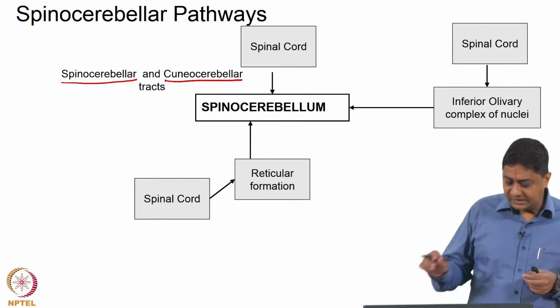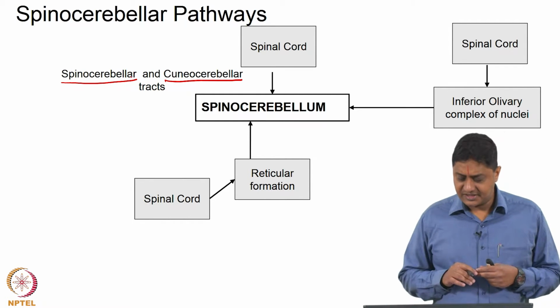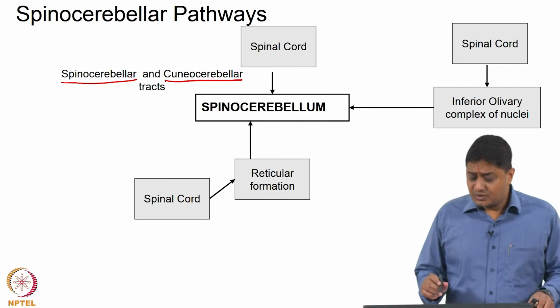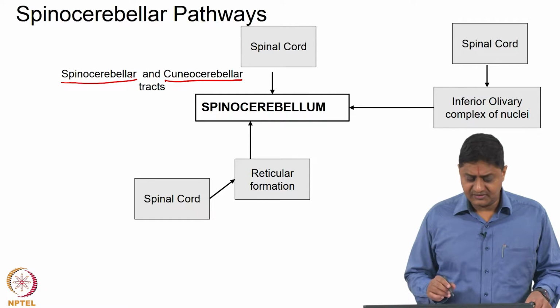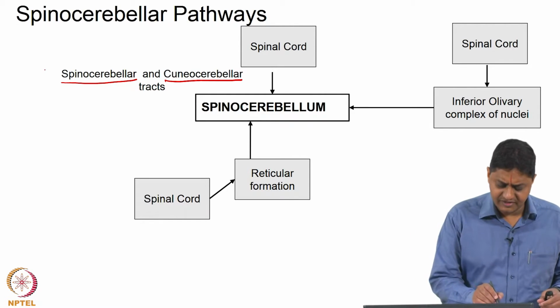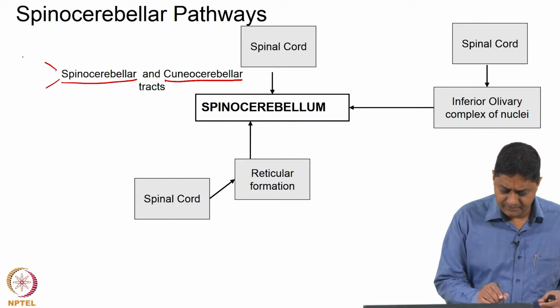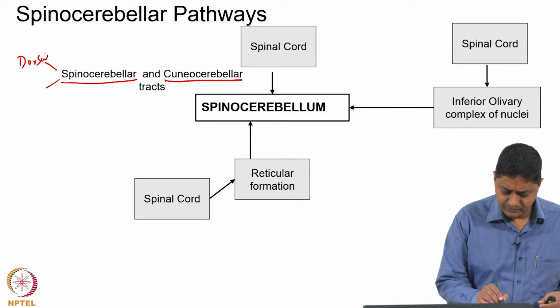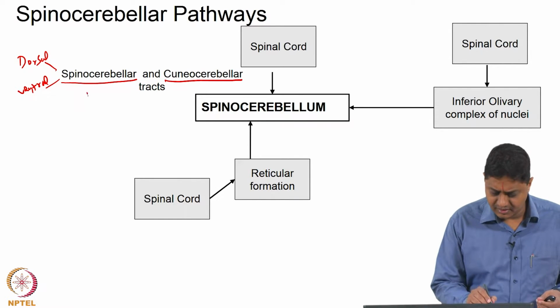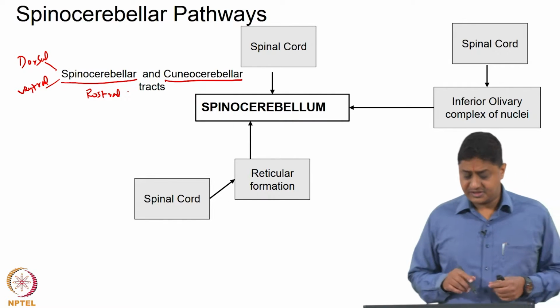We will continue that discussion in the next few slides. So, one source is the spinocerebellar, which are divided into 2 different types, basically dorsal and ventral, and cuneo-cerebellar and rostral spinocerebellar tracts.